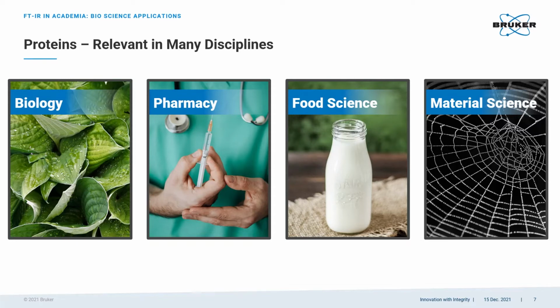And in the following, I will present some of the applications that have been performed in the past years, and always refer to recent publications that are related to the topics I'm presenting. And don't be worried that you need to write down the titles of the publications if you have a deeper interest. We will provide, together with the recording, a listing of all the references that are shown during the webinar.